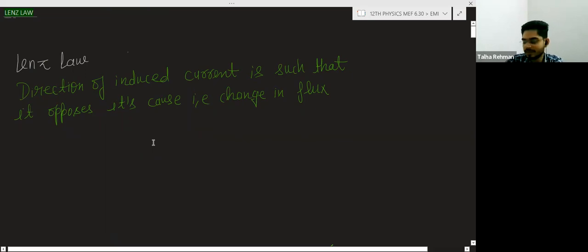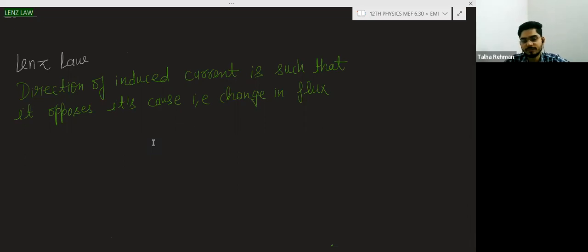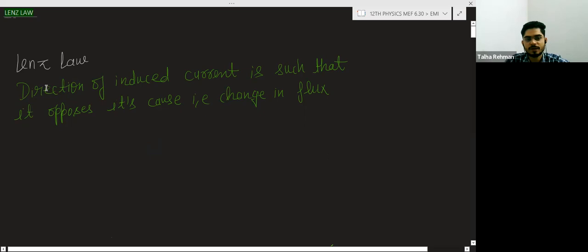Earlier we have discussed that there will be an induced current due to the change in the magnetic flux. But Lenz law will tell you the direction of the induced current. According to the Lenz law, the direction of induced current is such that it opposes its cause, that is the change in flux.